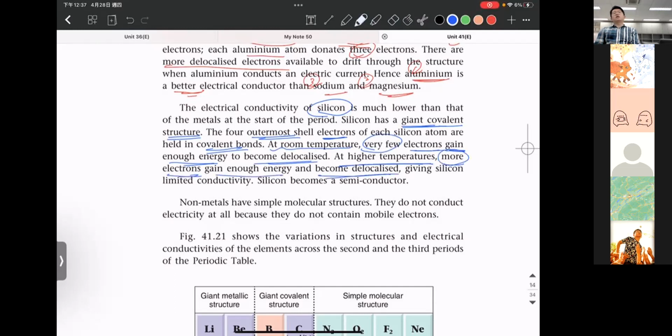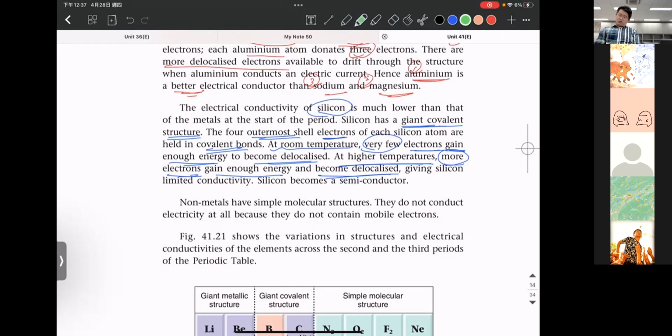So for silicon, its conductivity varies with temperature. At low temperature it's low, but at high temperature the conductivity becomes higher because of the more energy gained by the electrons that become delocalized. Do you understand?